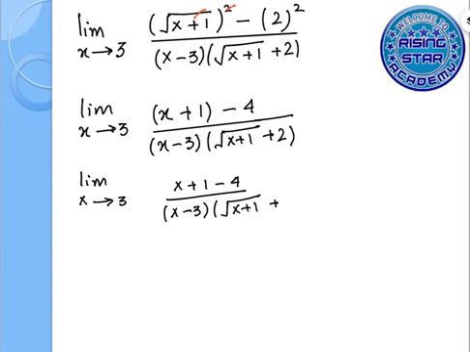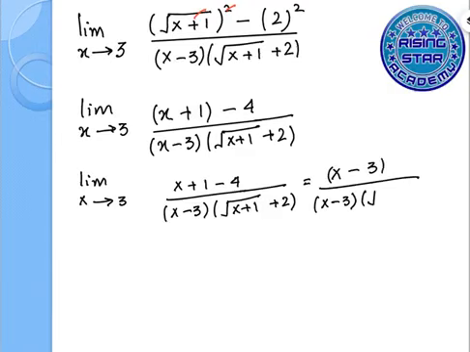Further simplify, that would become x minus 3 over x minus 3 times square root of x plus 1 plus 2. In the next step, we can see that x minus 3 and x minus 3 are the same, so they are going to cancel out.